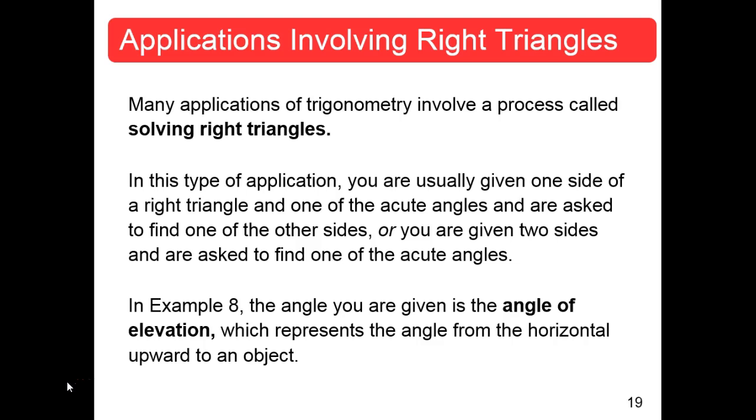Okay. In this type of application, you are usually given one side of a right triangle and one of the acute angles. And guess what? You are asked to find either one of the other sides, or given two sides, you're asked to find one of the acute angles. Since you know one angle, all you need is two other pieces of information.